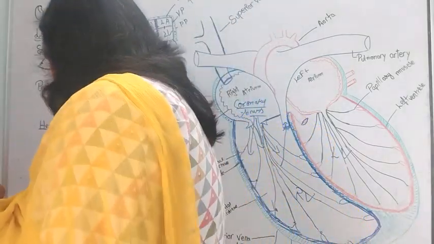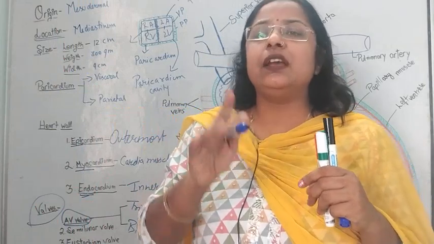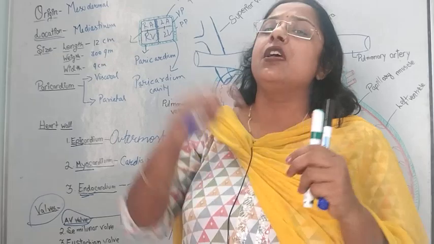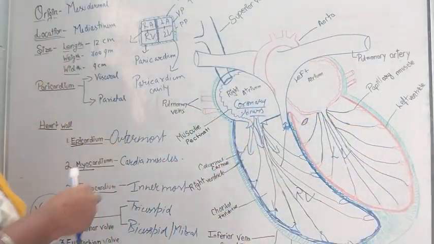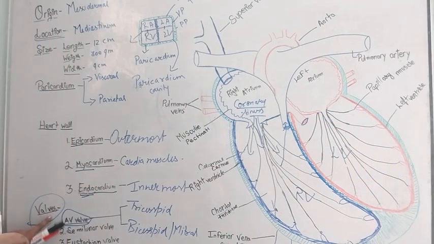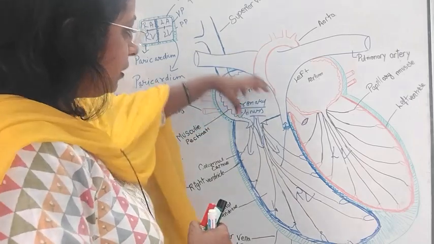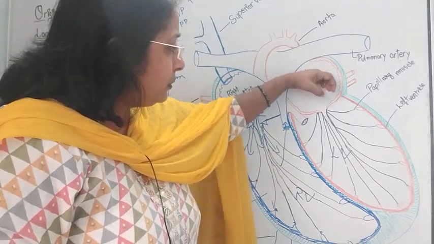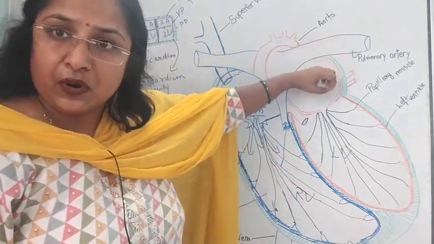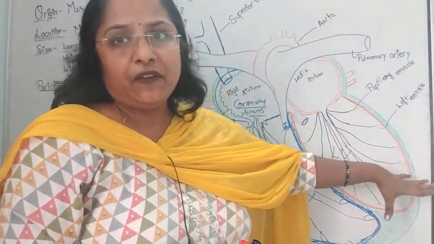Actually, what is the use of these valves? These valves are membranous structures which prevent the backflow of blood, or help in the unidirectional movement of blood. It means when the atrium contracts, blood comes into the right ventricle, and simultaneously the left atrium contracts and oxygenated blood comes into the left ventricle.